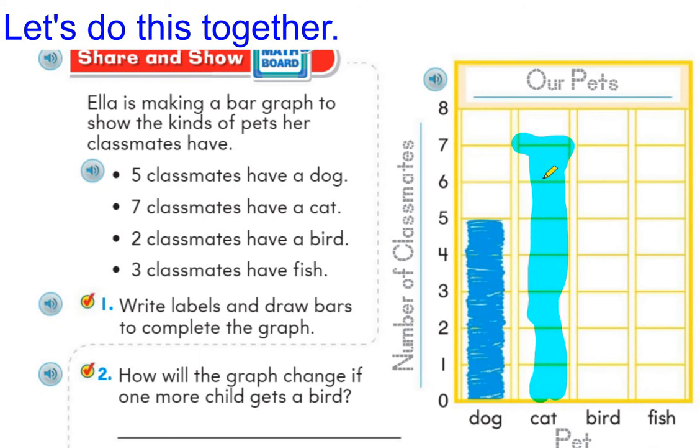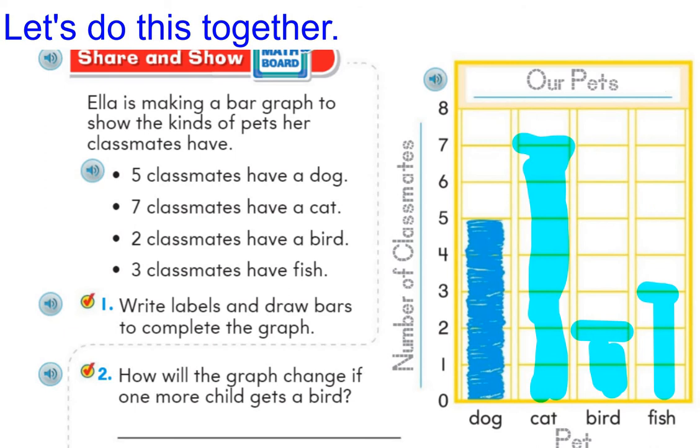I like to start at the top and work my way down so I don't color above the line, okay? And then 2 have a bird, so I'm going to go on 2, draw my line, and then color in underneath it. And then I have 3 classmates who have fish, so I'm going to draw my line here and then fill in below. Okay, now we can answer our questions.